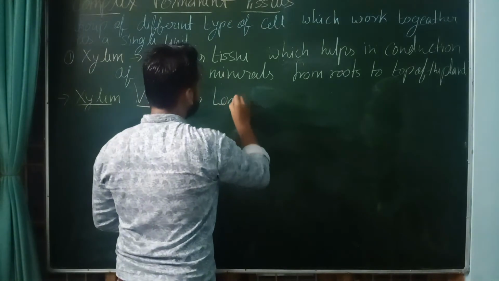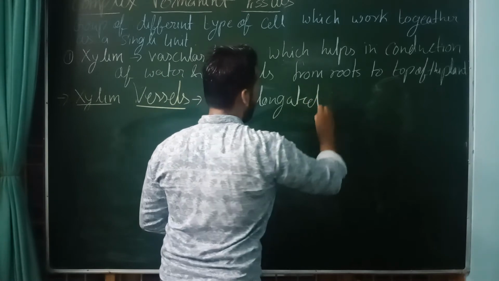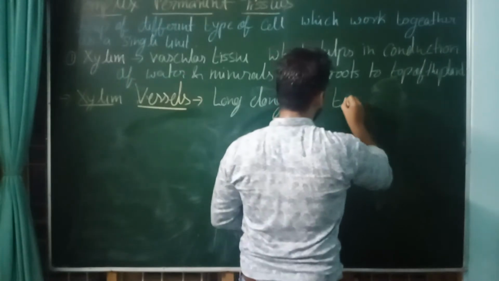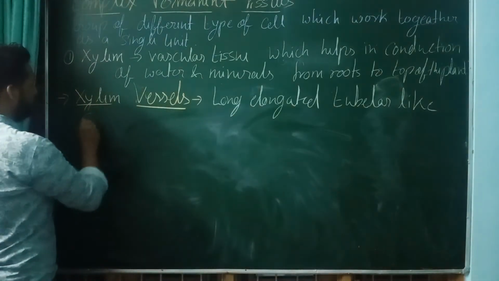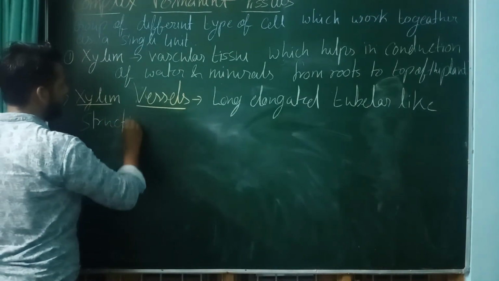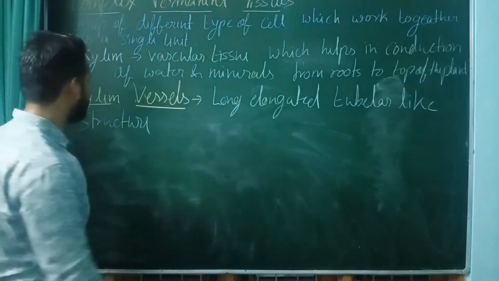So here, it is xylem vessels. It is a long, elongated, tubular-like structure.